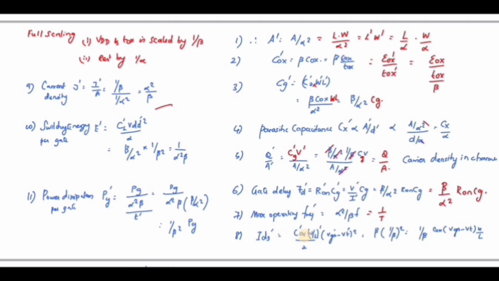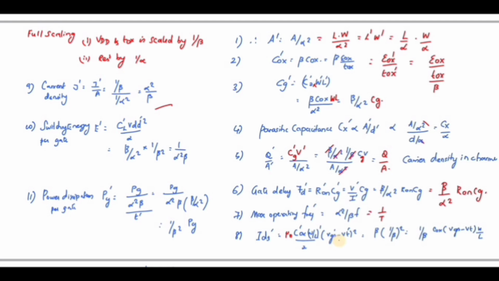Next, current, the drain current IDS bar. You can see it is nothing but mu n Cox W by L, and VGS minus VT whole square. So Cox I can write as beta into Cox, and W by L I can write as W by alpha over L by alpha, so W by L and W by L get cancelled out. How to write the voltage?